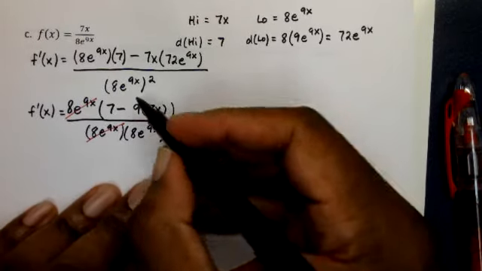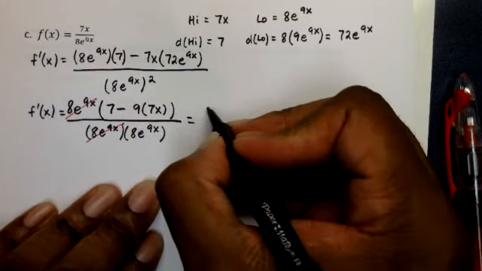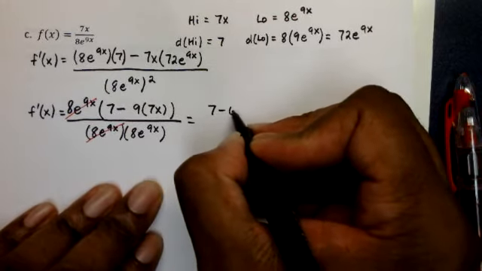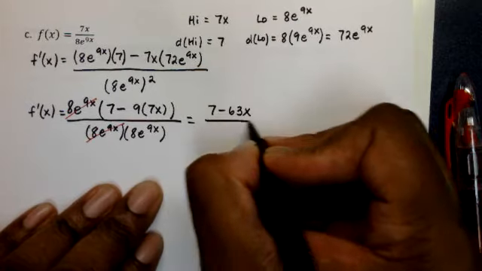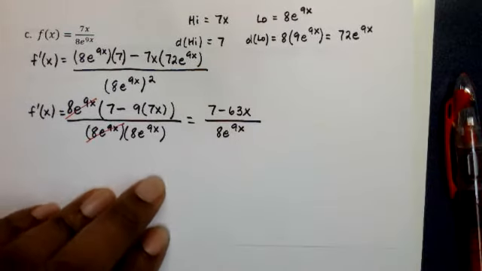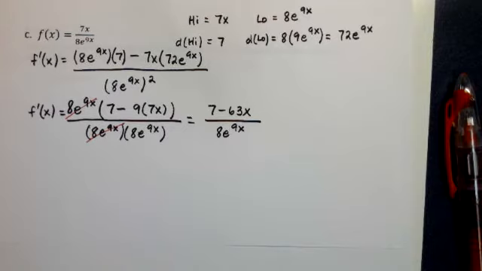And I'm going to simplify that 7 minus 9 times 7x. That will be 7 minus 63x all over 8e to the 9x. And that will be as far as I can go with that problem. So the derivative of that function would be 7 minus 63x divided by 8e to the 9x.